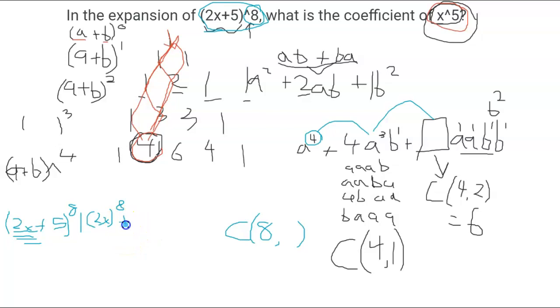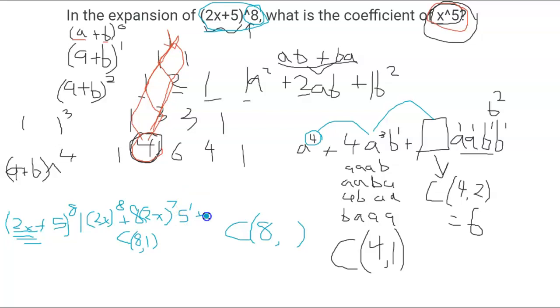And then there's, well, we know combination 8, 1. There's 8, right? That's combination 8, 1 ways to fall left 7 times, right? 2x to the power 7. And then that would be 5 to the power 1.